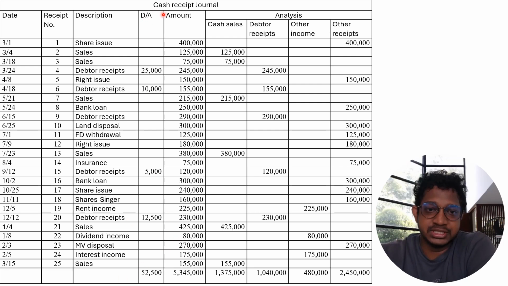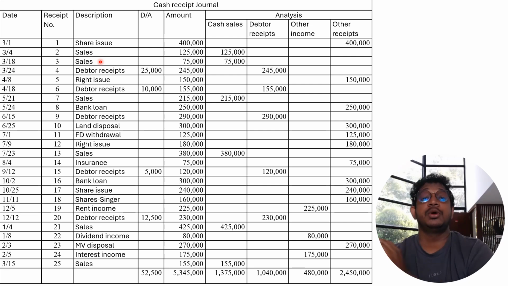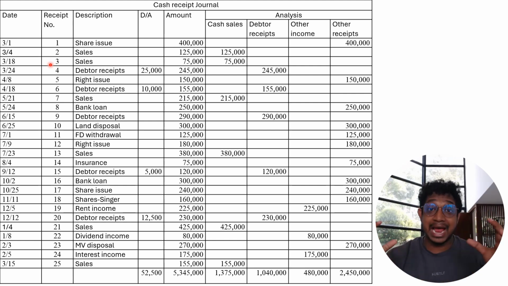In the cash receipt journal, there are sales and debt receipts in multiple places, more than three to four transactions. So you have to add all sales and then record in the operating activities. You can't just write down each of the eight sales separately.